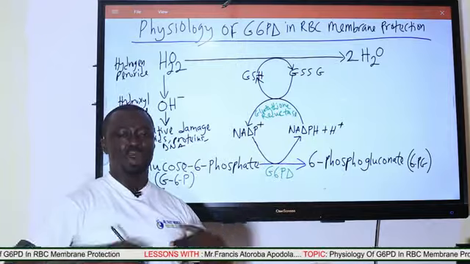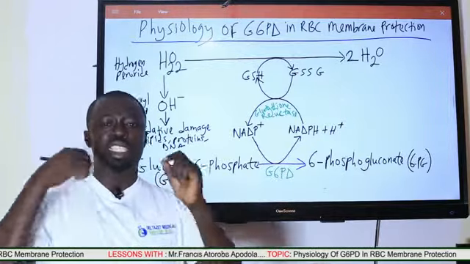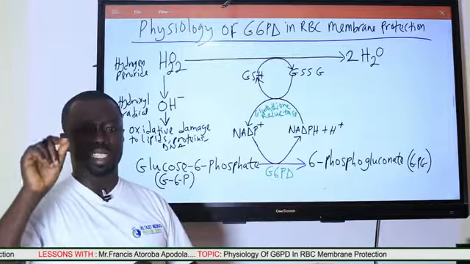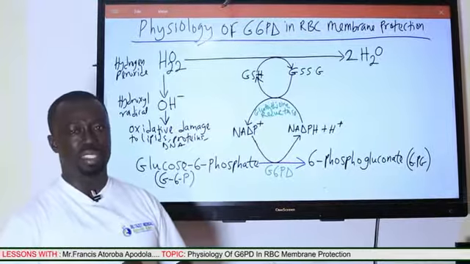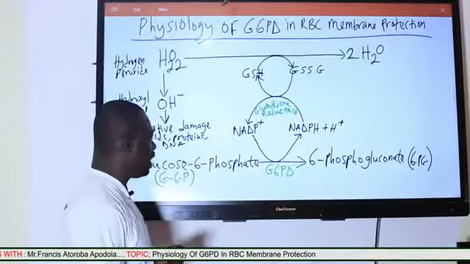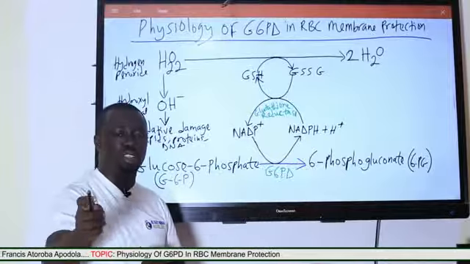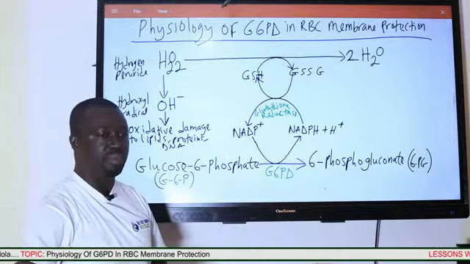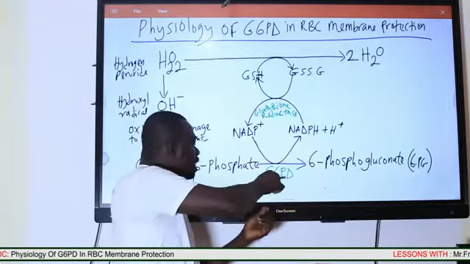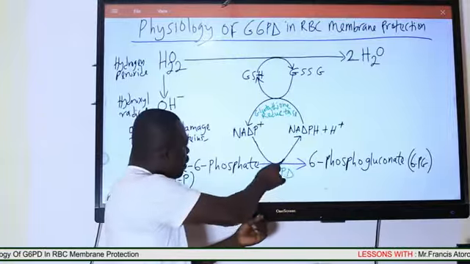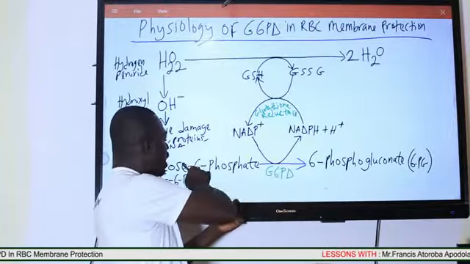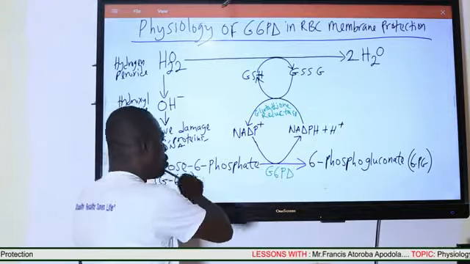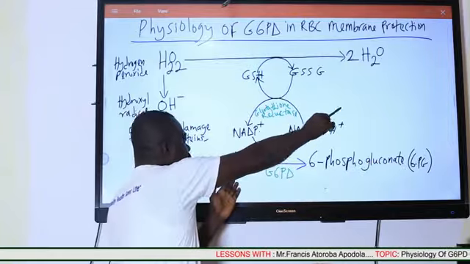This is where, in the qualitative screening of the G6PD enzyme, the reagent called methylene blue comes in. The methylene blue actually activates the pentose phosphate pathway. Specifically, it activates the enzyme G6PD. And so once it activates the G6PD enzyme, the G6PD will be involved in the pentose phosphate pathway, and simultaneously oxidation and reduction will occur.